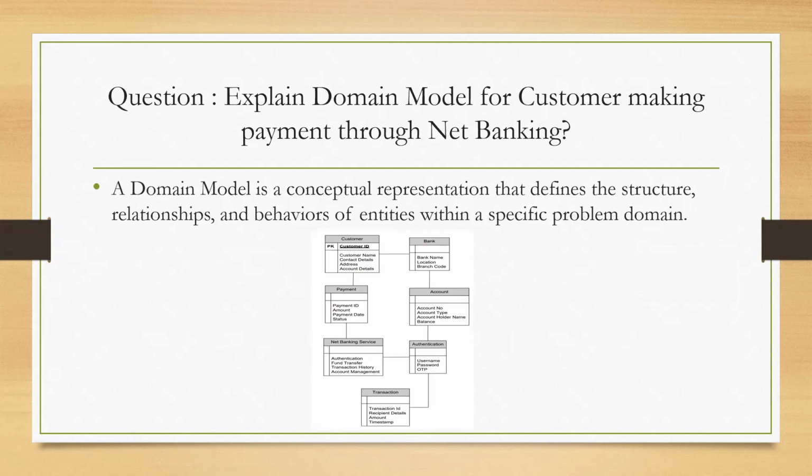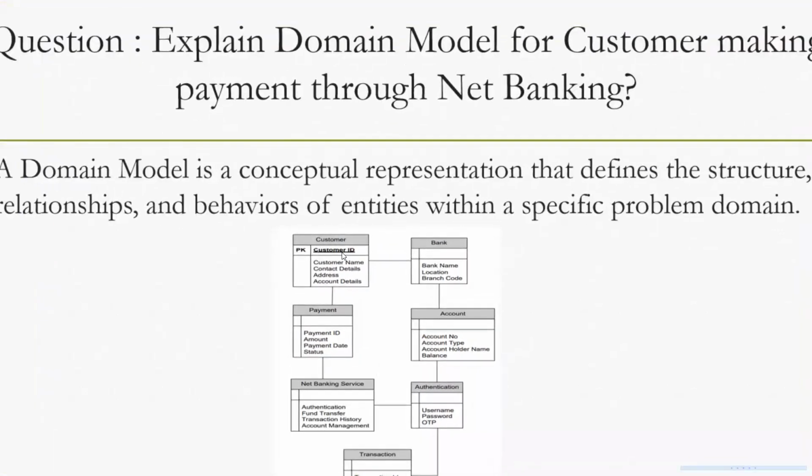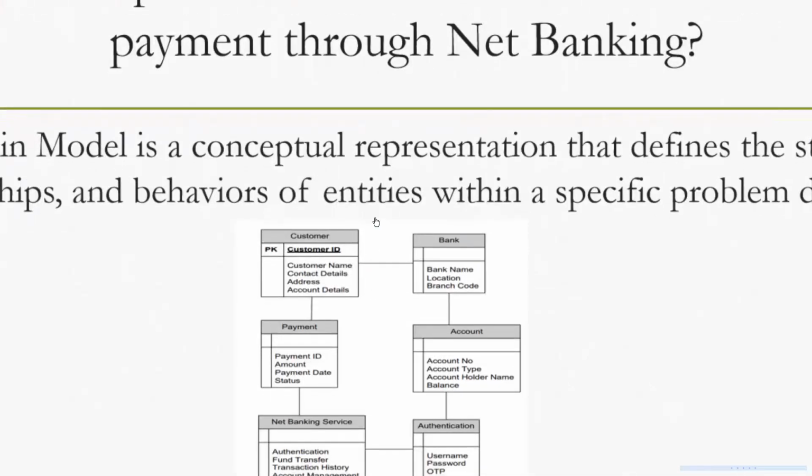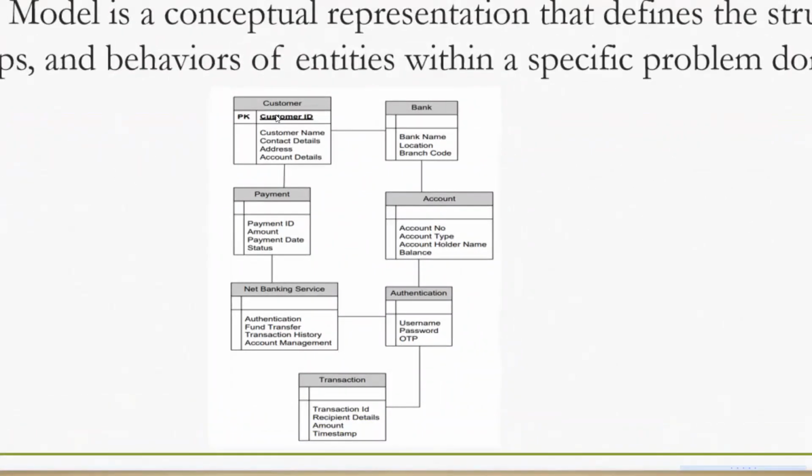And coming to the next question, the domain model. The domain model defines the structure, relationship, and behavior of entities within a specific problem domain. For example, here you can see this diagram.